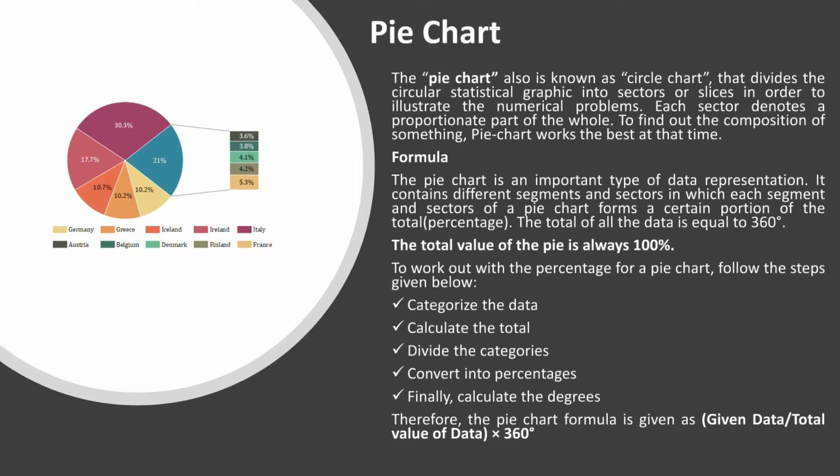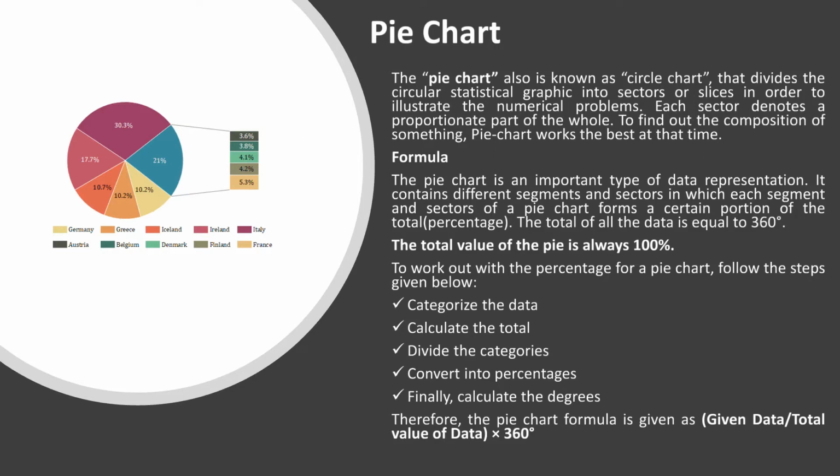In order to illustrate your numerical problems, each sector represents the proportionate part of the whole 360 degrees. The formula is very simple. You first calculate the percentage, and once you have the percentage, you calculate the degree of each slice in that 360 degrees. The steps are: categorization of the data, calculation of the total, division of the categories, conversion into percentages, and finally calculation of the degrees.